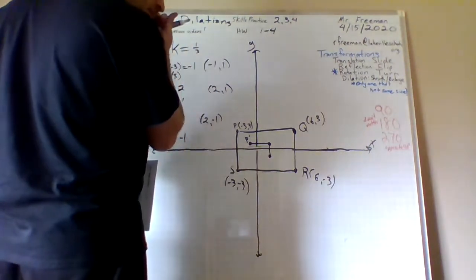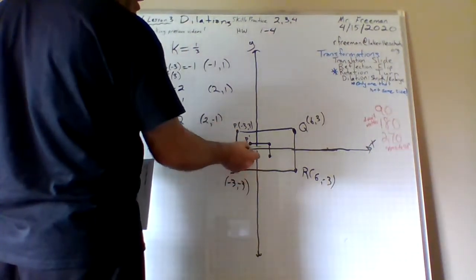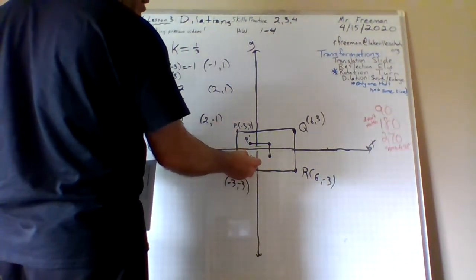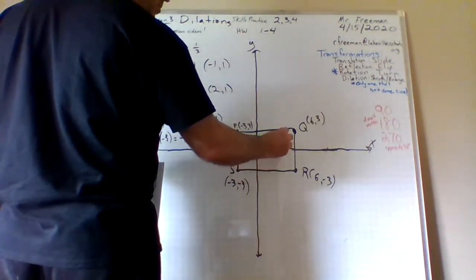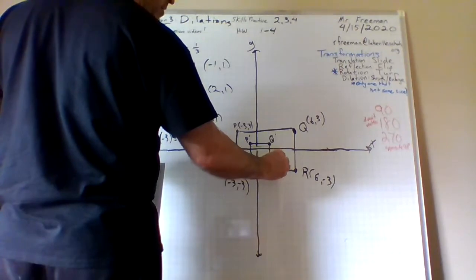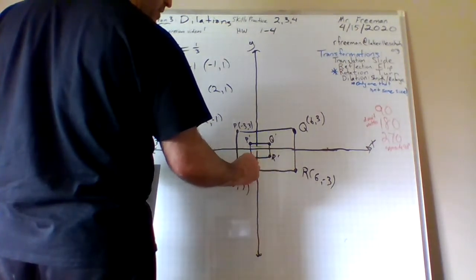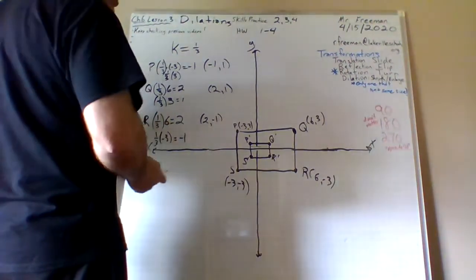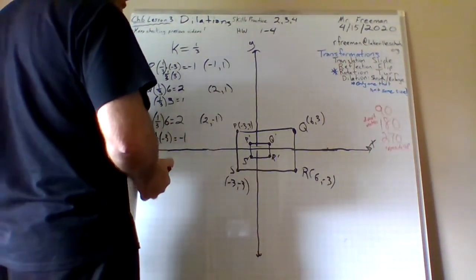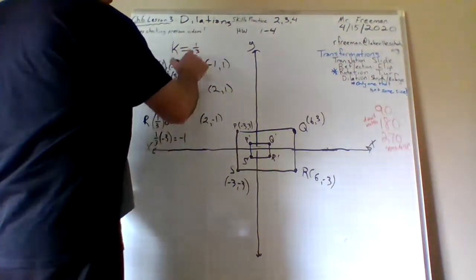And you can almost tell just because of knowing what the shape is that my other point would be here. And I would have this rectangle here where this was Q prime, this was R prime, and this is S prime. Okay, perfectly done as far as that one's going to shrink down 1/3.